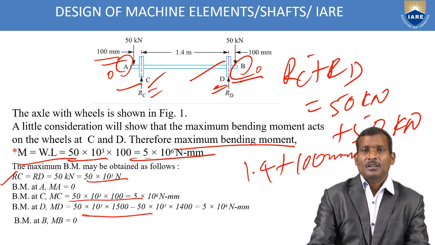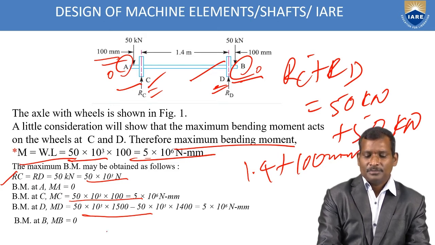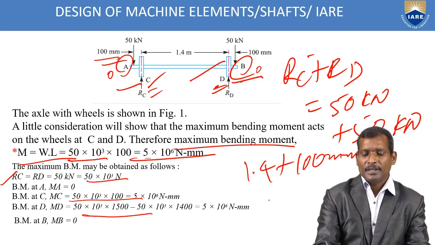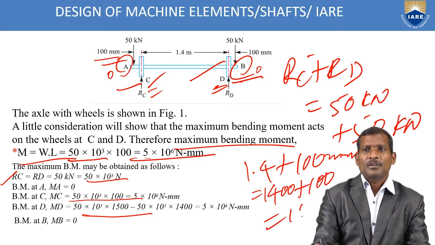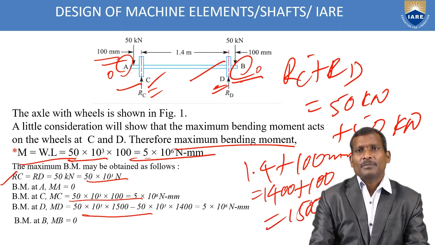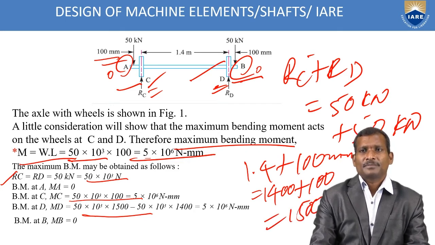So you can take the total as 1500 mm. This is given in meters, so you can convert into mm: 1400 mm plus 100 mm, so you will get 1500 mm. Clear?